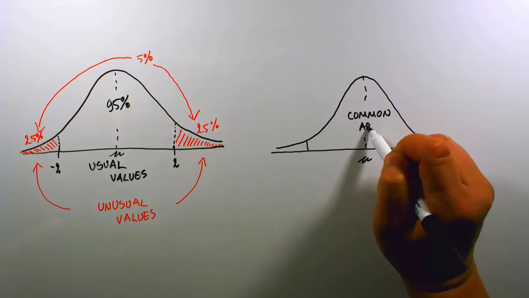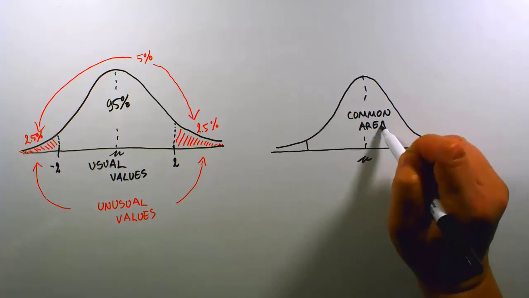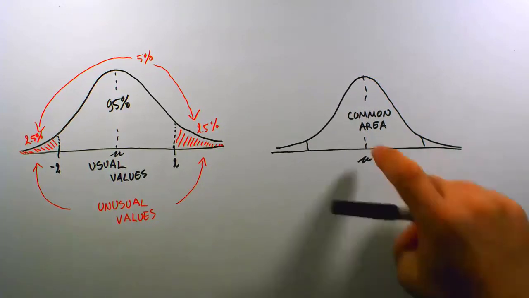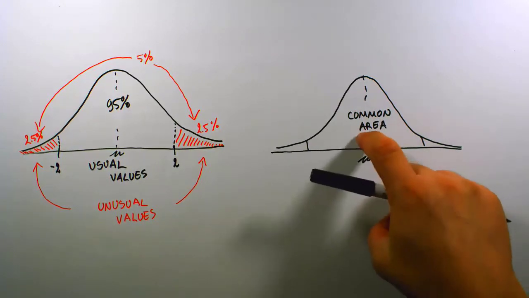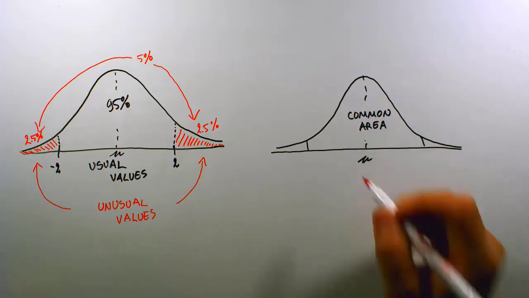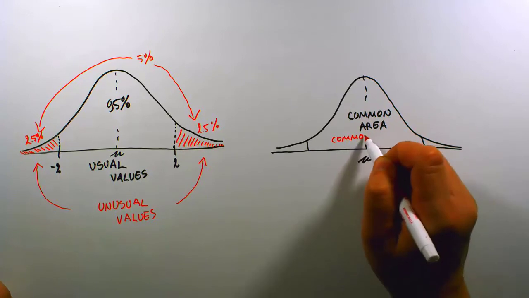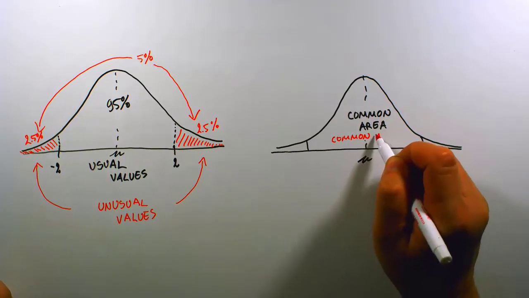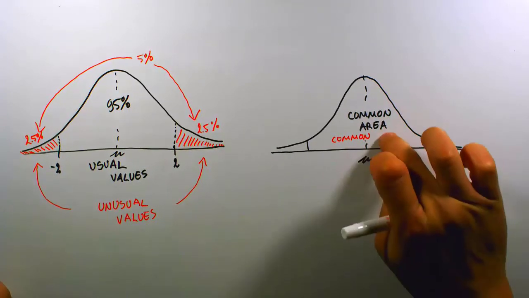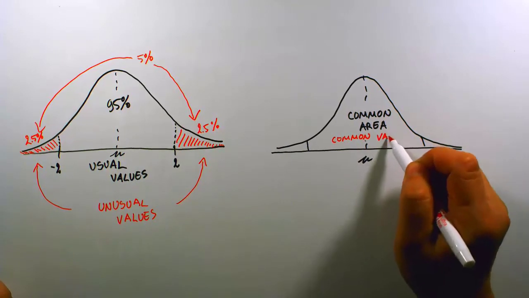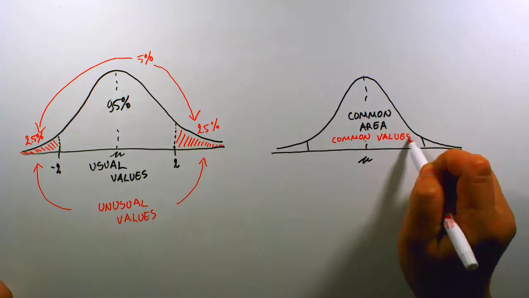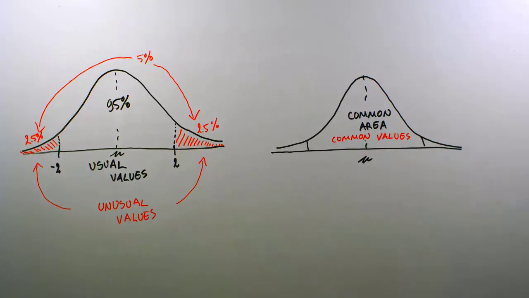This area is where we have all the common values. So all the values in here are referred to as common values. Okay, as the terminologies.